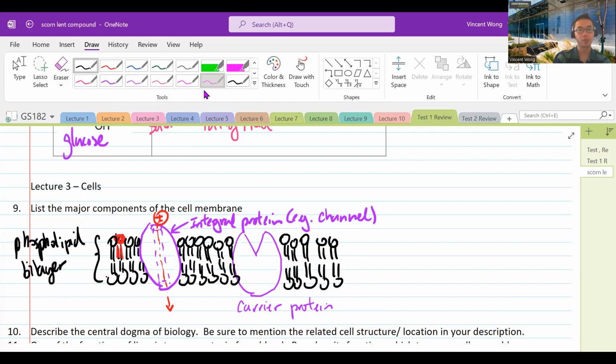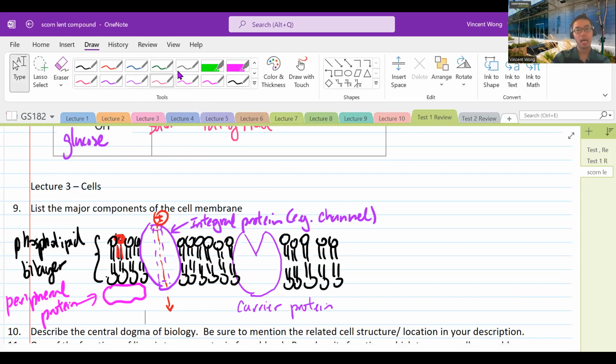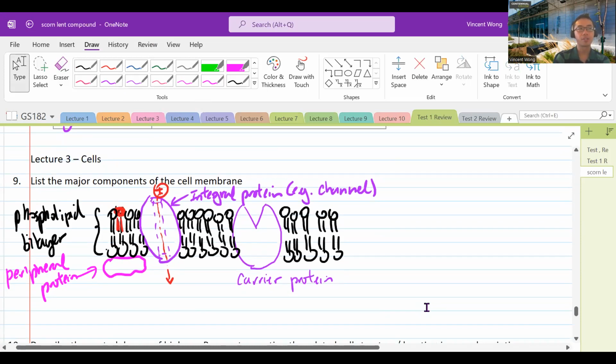Some membrane proteins are just going to be stuck to one side, and we call that peripheral protein, right? And they might do things such as catalyze a chemical reaction. They might play a role in cell-cell recognition, forming a junction, for example. And they could also attach to things like the cytoskeleton.